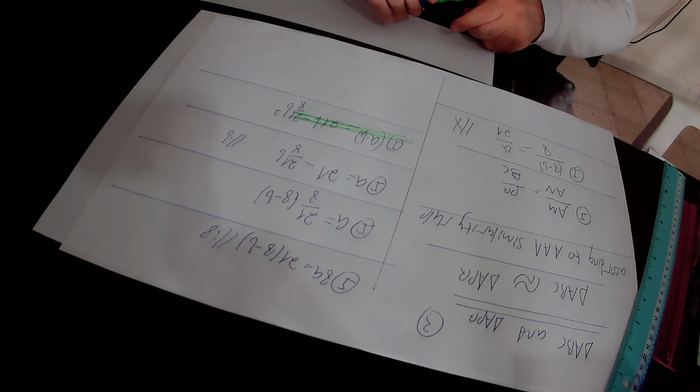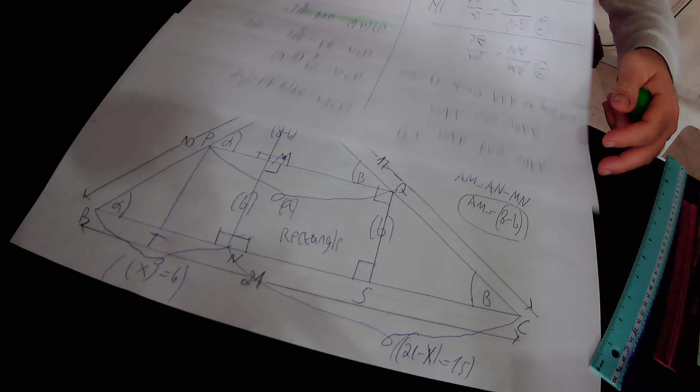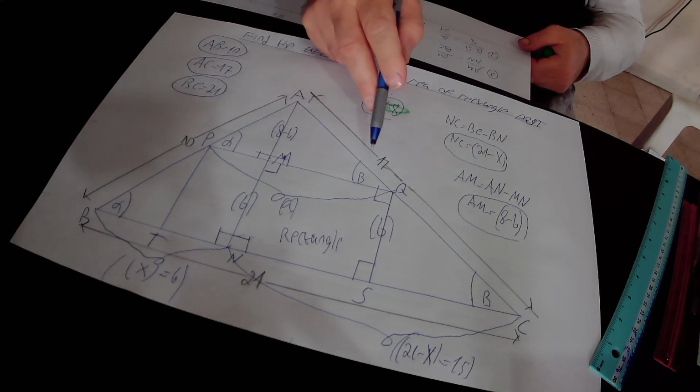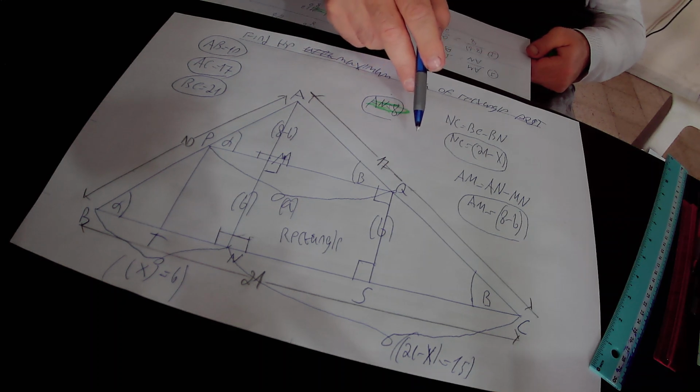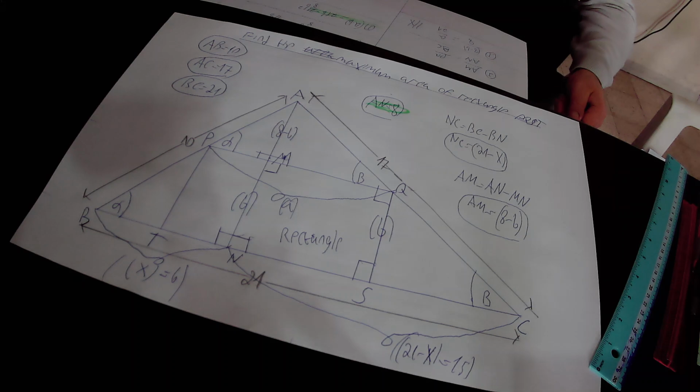But what is actually A times B? A is the length of this rectangle PQST, and B is the width. And note that the length times the width is the area of rectangle PQST.